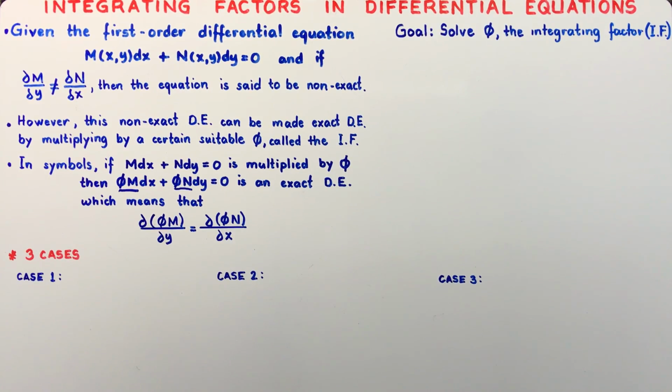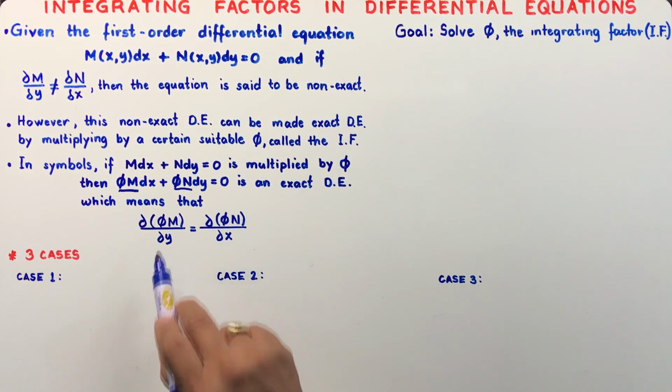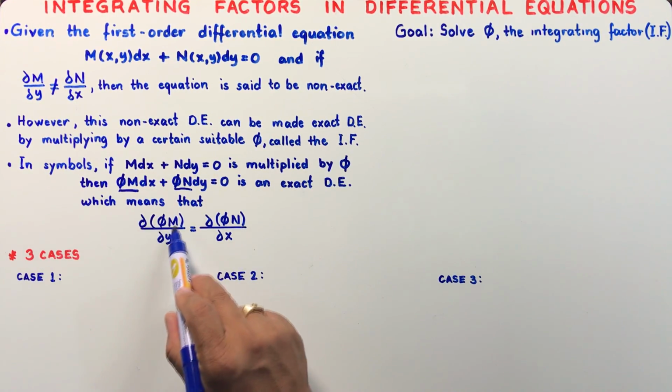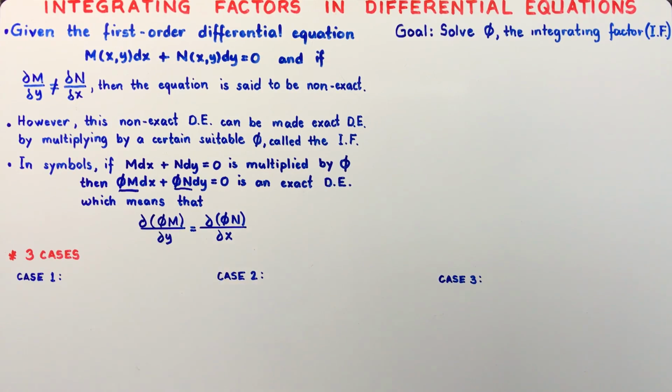So our goal this time is how to find this integrating factor phi for a given differential equation. Now, looking at this equation, we can solve for the partial derivative of the product phi and M with respect to y.